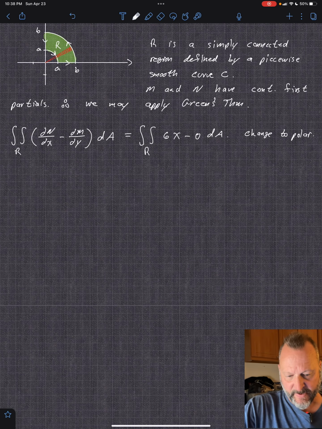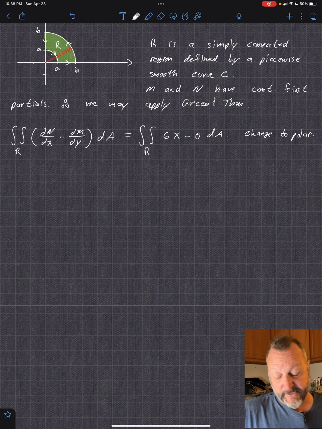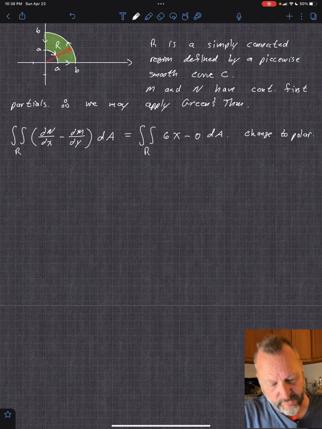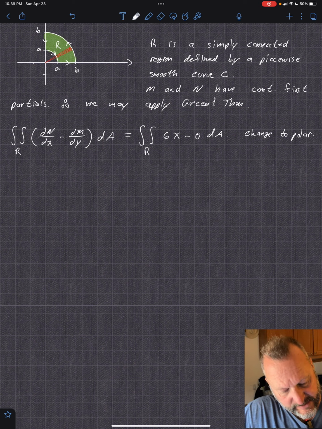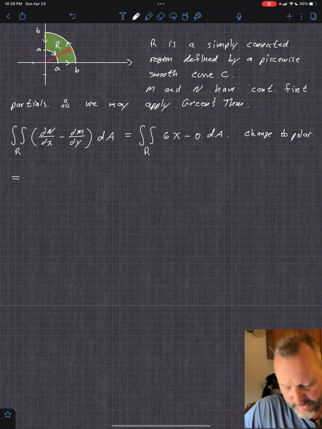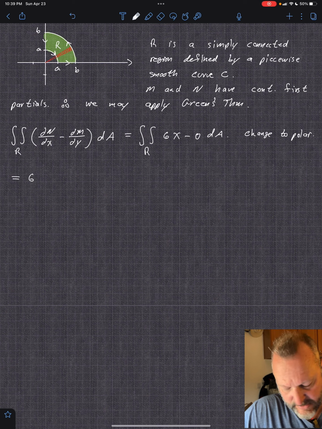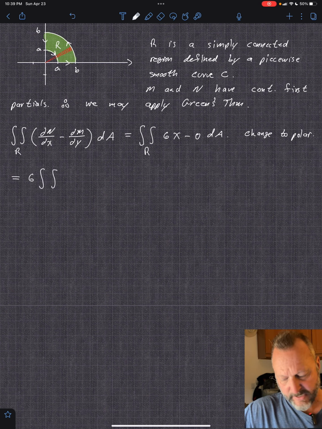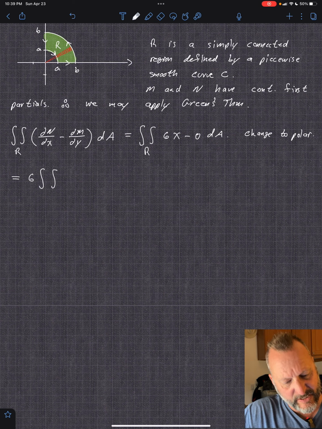Okay. So, and then x will just be cosine theta, right? So we will say this is equal to, bring out the 6, and then it's the double integral. And then we're going to say r goes from a to b, and theta, as you sweep, right?